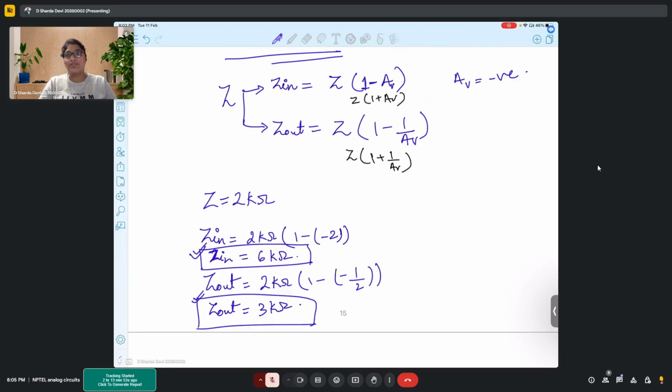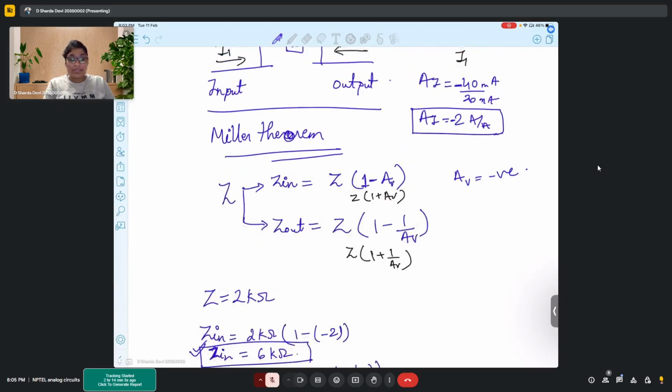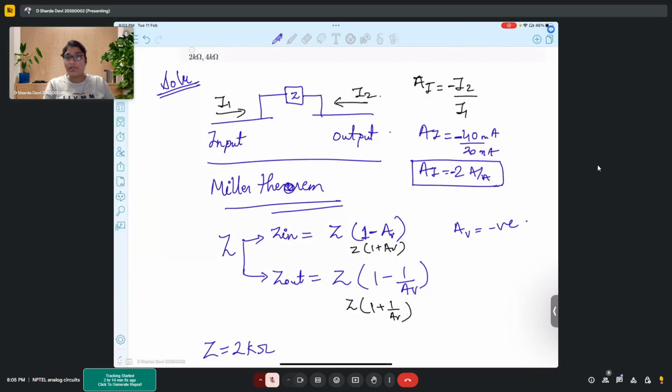As the gain values are much higher, on the input side the impedance increases by gain times compared to that at the output. That's also a reason that these Miller components need to be analyzed very carefully, as they can change the whole behavior, because their effective values at input and output are quite variable and significant.